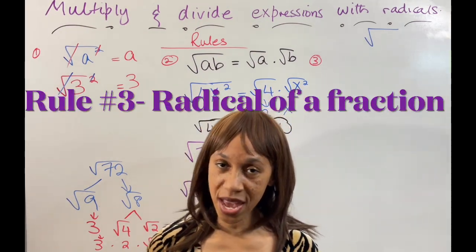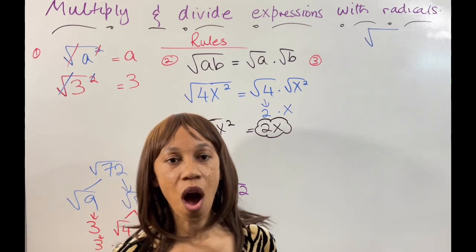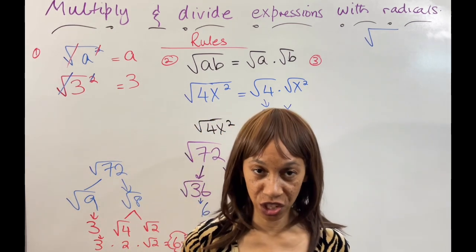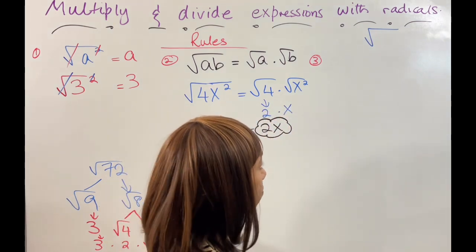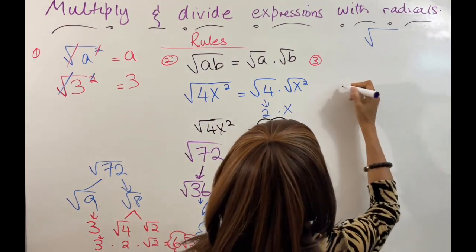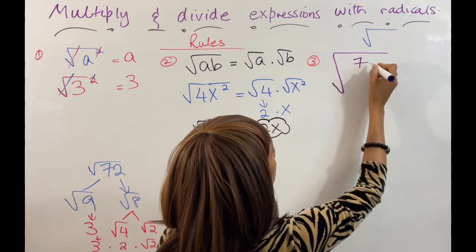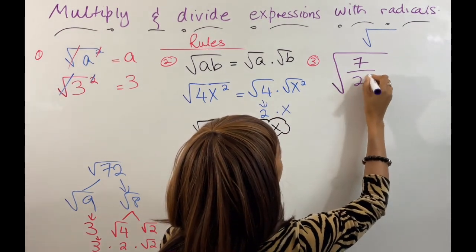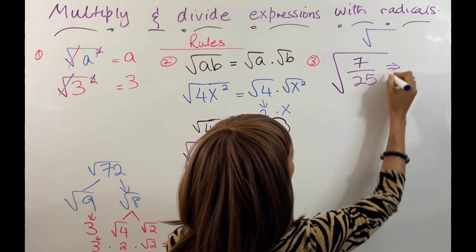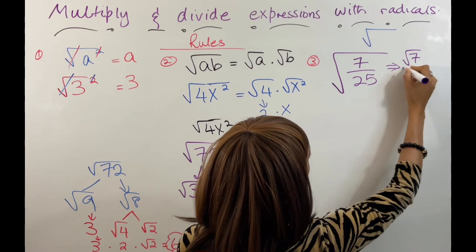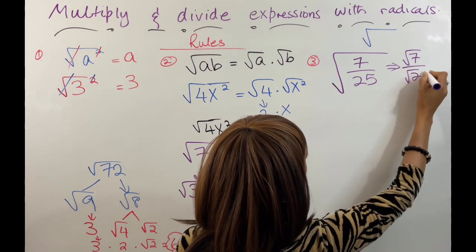Rule number 3 states that if you are finding the radical of a fraction, you have to break them up. So if you are to find the square root of 7 over 25, you have to further break this down. You're going to have radical 7 over radical 25.